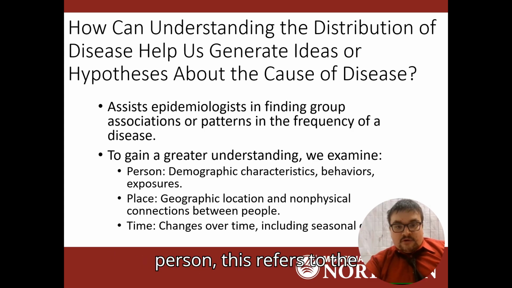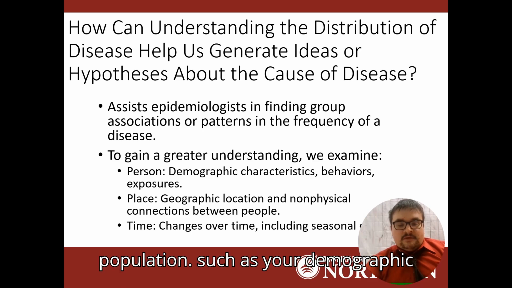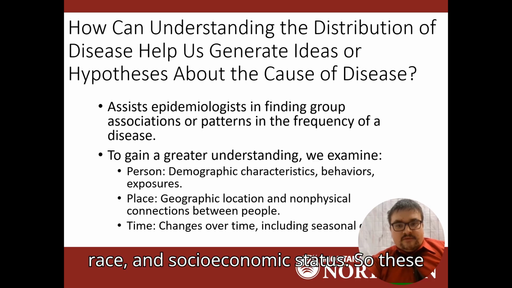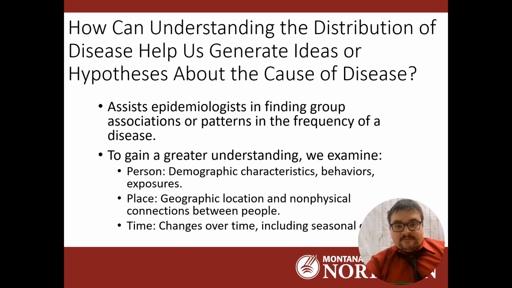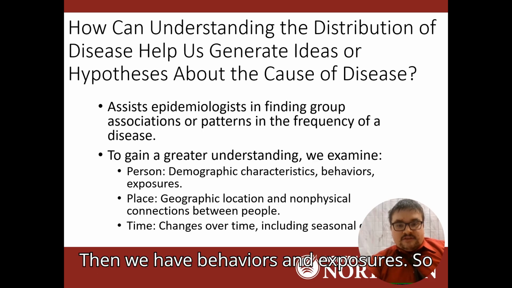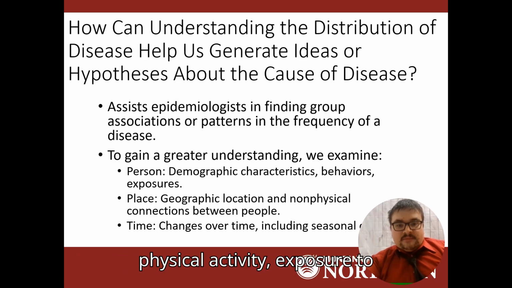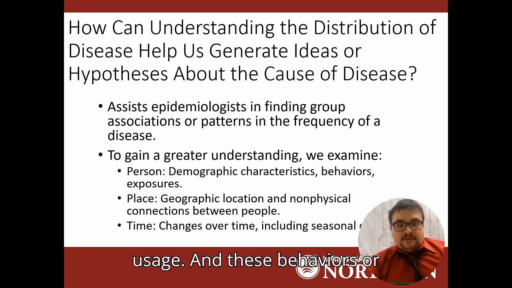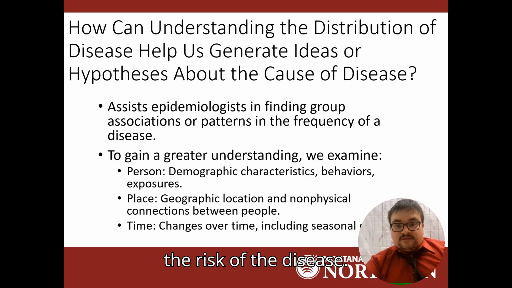Starting off with person, this refers to the characteristics of individuals in a population, such as demographic characteristics like age, sex, race, and socioeconomic status, since these all can influence the likelihood of a person getting a particular disease. Then we have behaviors and exposures, which include factors like smoking, physical activity, exposure to environmental toxins, and medication usage. These behaviors or exposures can increase or even decrease the risk of disease.